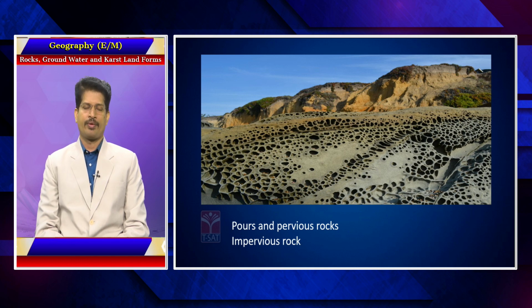Otherwise, when a rock is impervious, there is no possibility for formation of a water table. That is the reason why, when we make a borewell to extract water at different places, sometimes we may not be able to get water, because the rock is not porous and pervious.